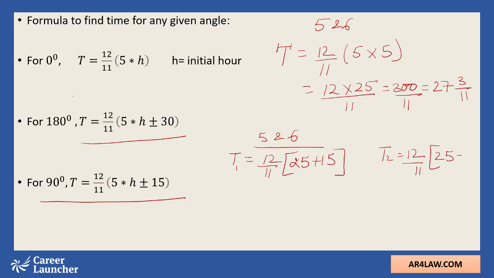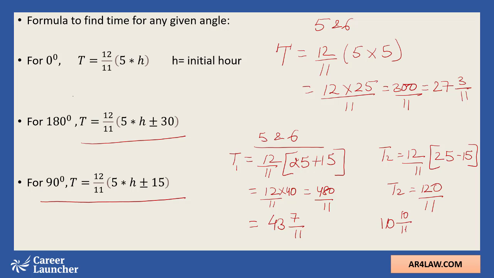25 minus 15. So this comes to 20. This is 480 by 11, and the second time comes to 120 by 11. Converting them into mixed fractions, we see that it comes to 43 7 by 11, and the second time comes to 10 10 by 11.